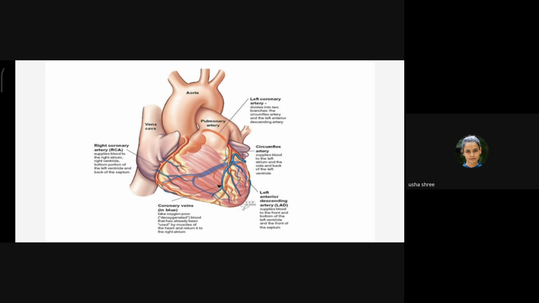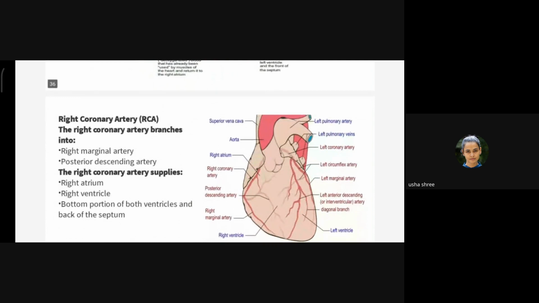So the circumflex artery is supplying the left atrium and some portion of the left ventricle, and the right coronary artery is supplying the right side of the heart, means right atrium and right ventricle.